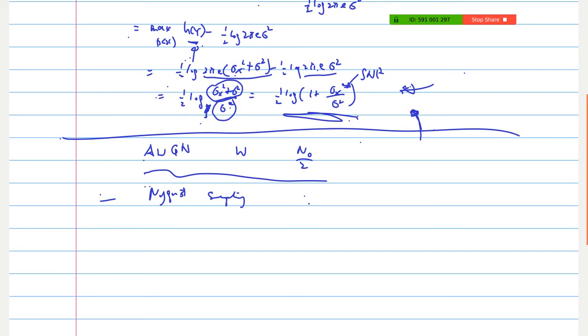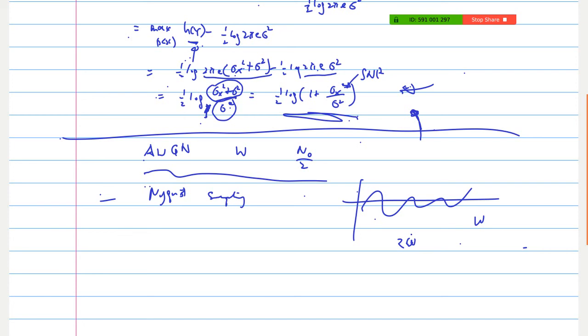Basically, we're saying that if we have some signal with band-limited bandwidth W, the number of samples that we need to represent this signal will be twice the bandwidth. Yeah, that should technically be the sampling.